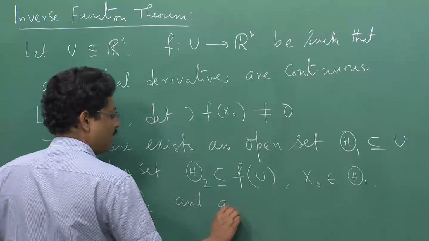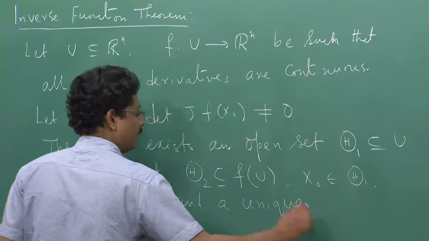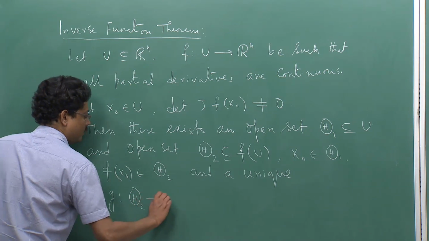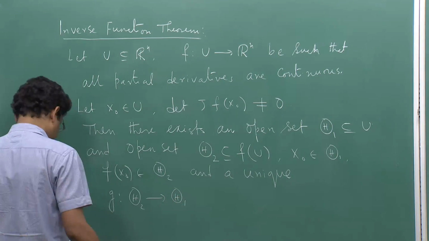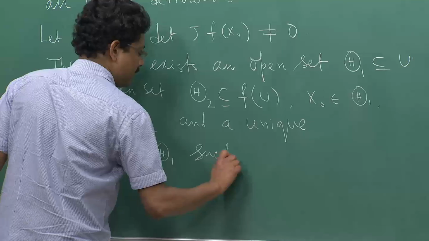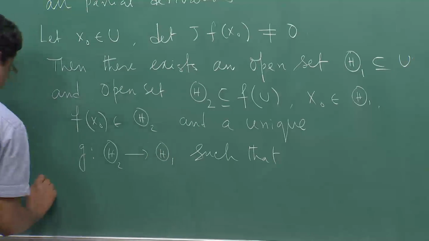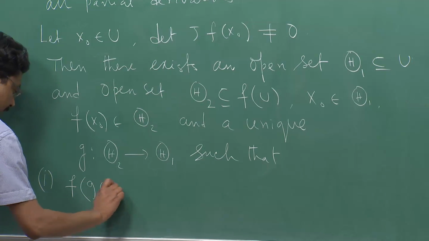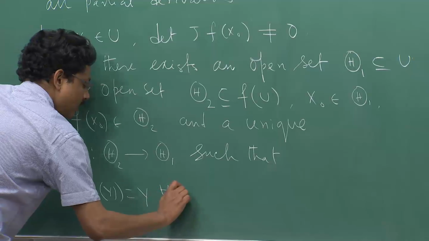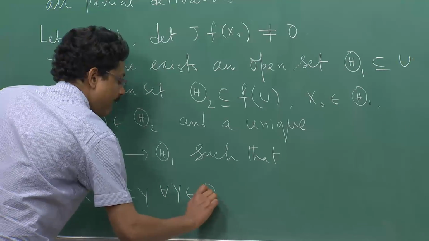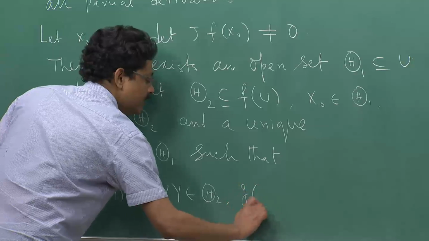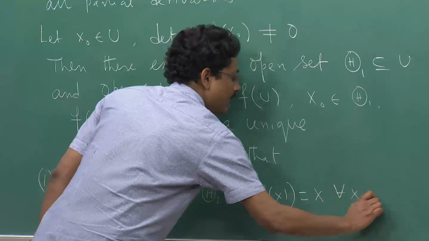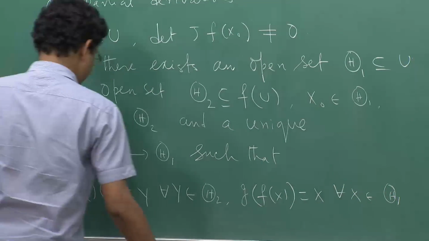and a unique g from theta 2 to theta 1 such that g is the inverse, that is f of g y equals y for all y in theta 2 and g of f x is equal to x for all x in theta 1.